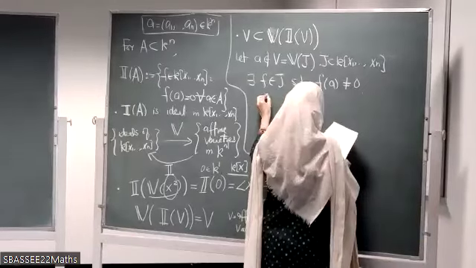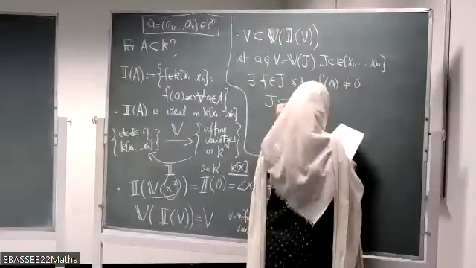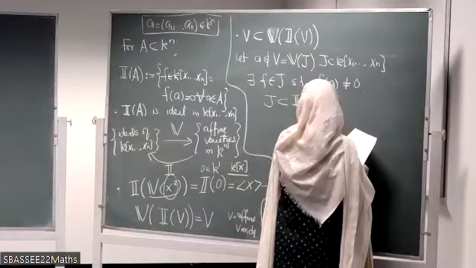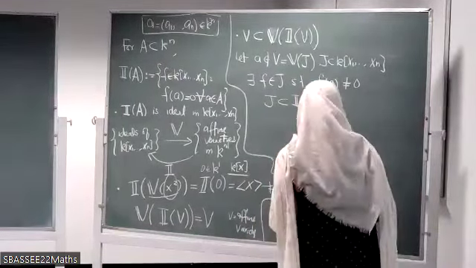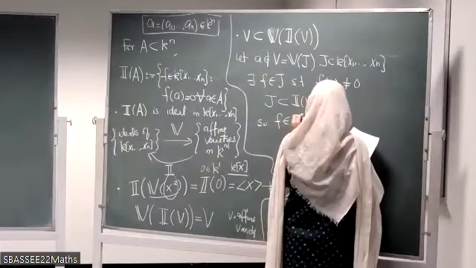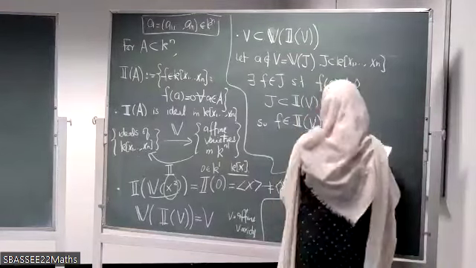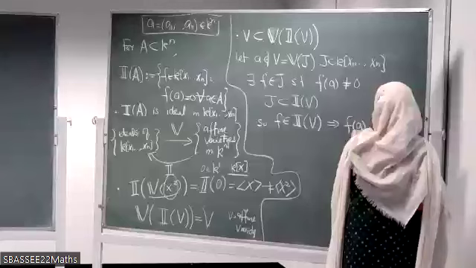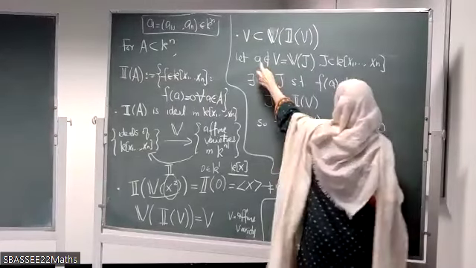But we know that this J is always in the ideal, so this means that f is in this ideal and f of A is not equal to 0 at this point.